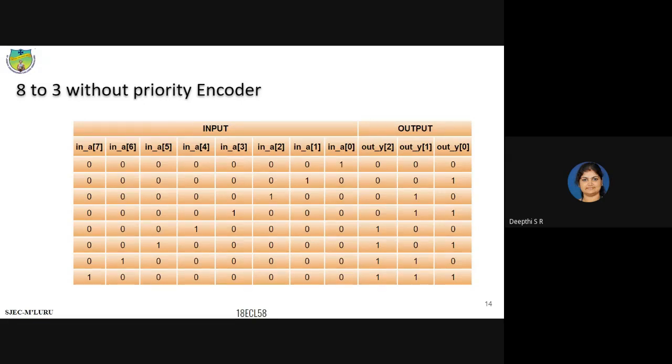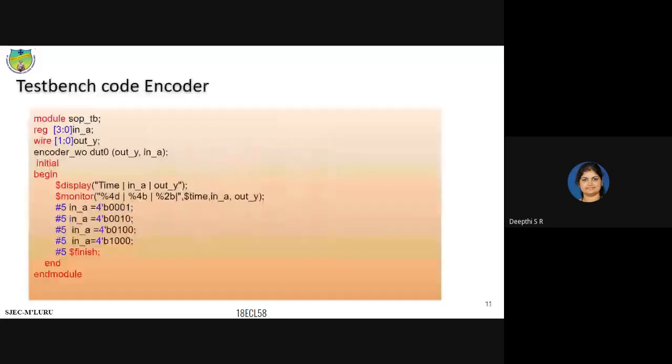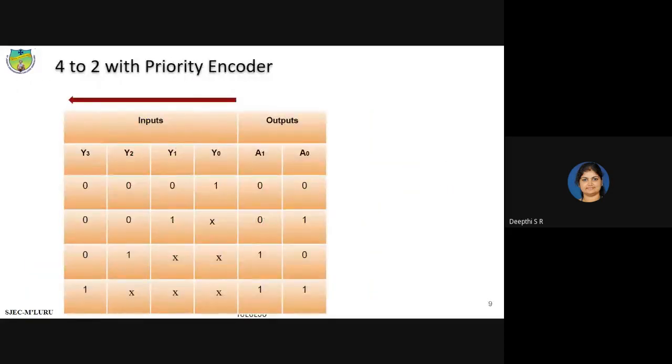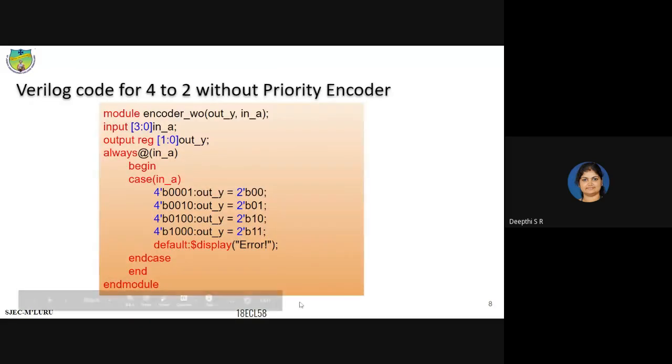So what changes can you make compared to the 4:2 encoder? So here is the code. What changes do you have to make to turn it into an 8:3 encoder? Yes, for the 8:3 encoder, you have 8 input lines, so input should be 7:0.